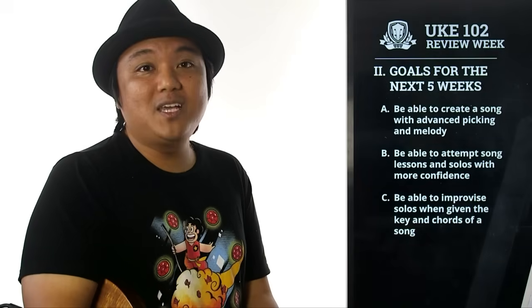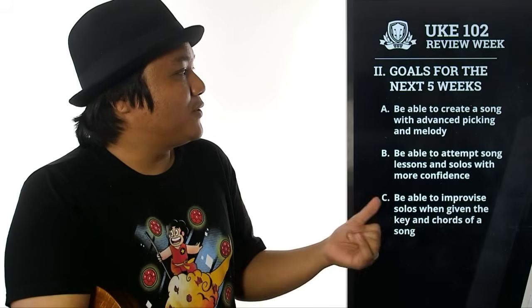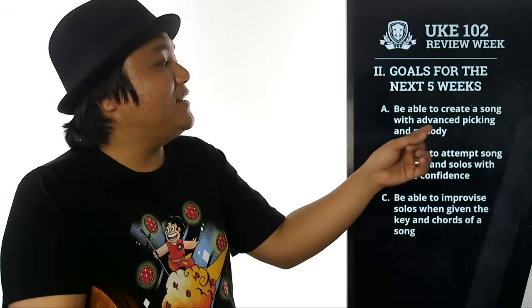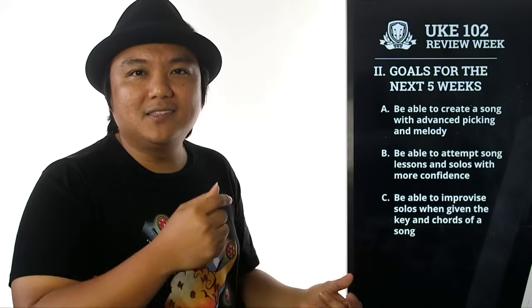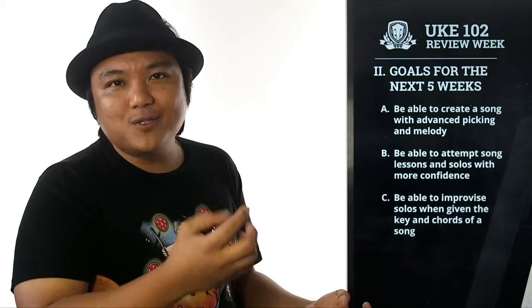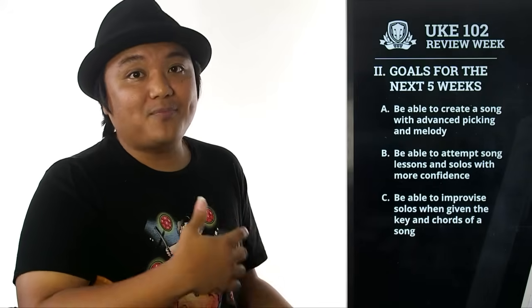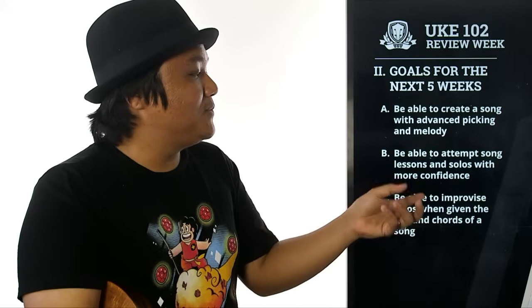So we have weeks 6, 7, 8, 9, 10 ready to go for you folks. For those weeks, we're going to be able to create a song with advanced picking and melody. So if we want to add those bends and hammer-pull combinations and tremolos and stuff, we can do that after the end of the next 5 weeks. We are able to attempt song lessons and solos with more confidence.